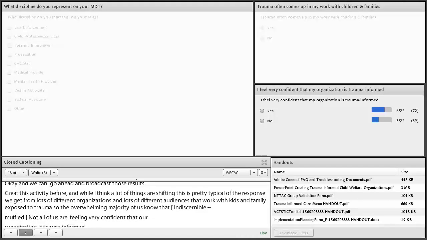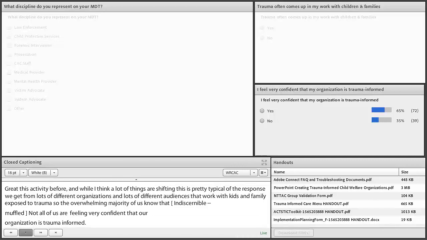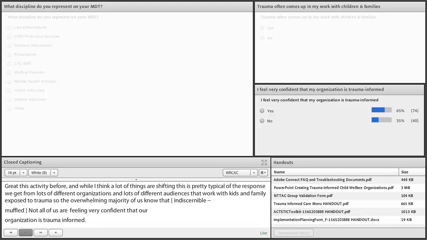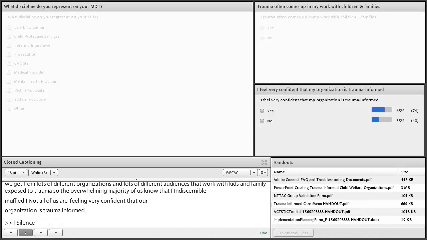It's very rare that I come across any leader, any helping professional who's like, no thanks, I'm just not interested in addressing the impacts of trauma. Moreover, it's more that maybe I just don't have the tools to do that, or I'm not even sure what trauma-informed care looks like. And I think that's pretty fair. Trauma-informed is such an umbrella term, and we really don't have standards yet, while we're moving in the right direction.